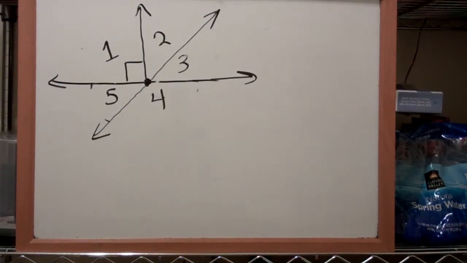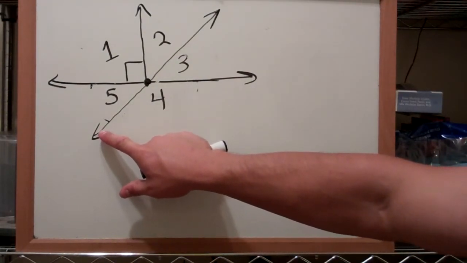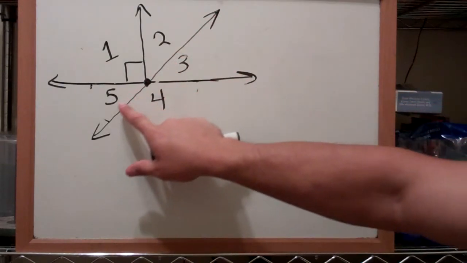Next, a straight angle. Straight angles are angles that are 180 degrees in measure. They just form a straight line. A straight angle here would be here and here.